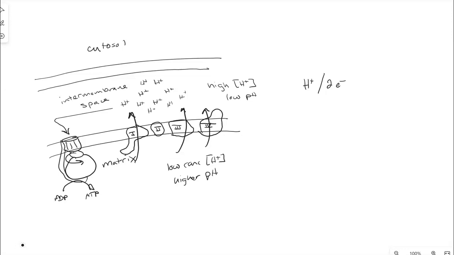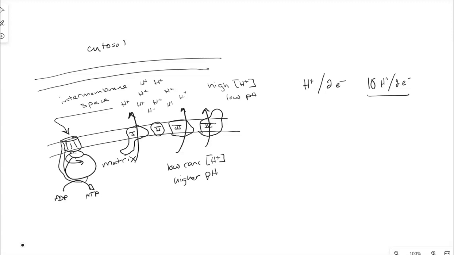And it's really difficult to determine, and what we're going to talk about here is just really the consensus of many studies. But the consensus points to being about, and this is always subject to revision, but for the sake of where we are right now, about 10 protons pumped per 2 electrons passed through the electron transport chain.